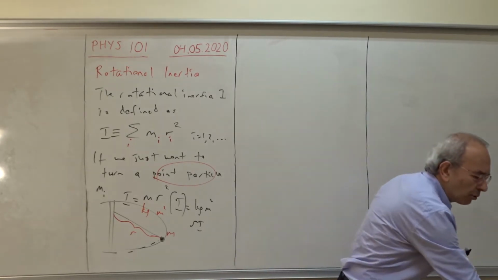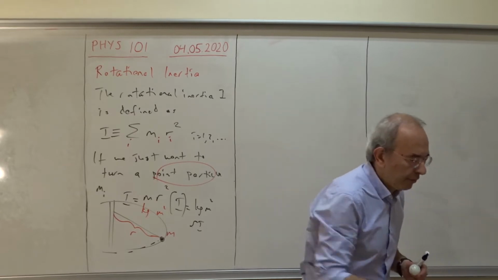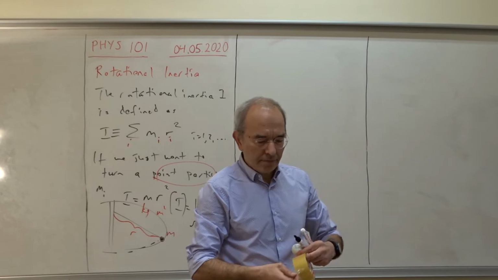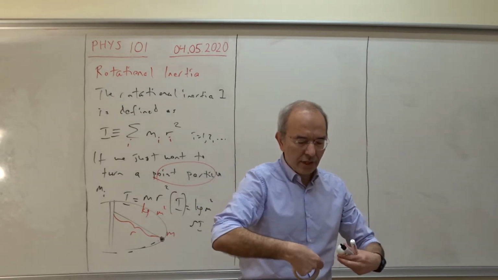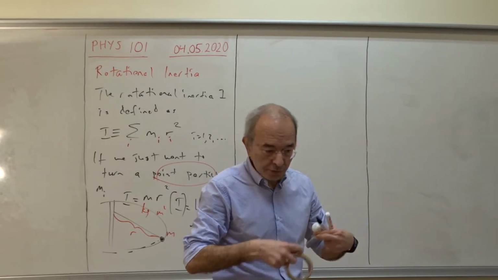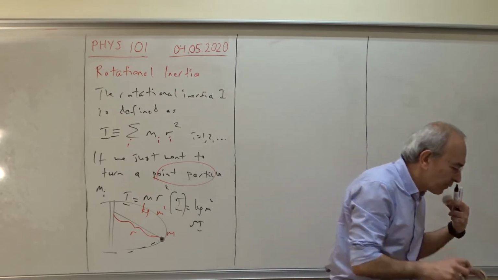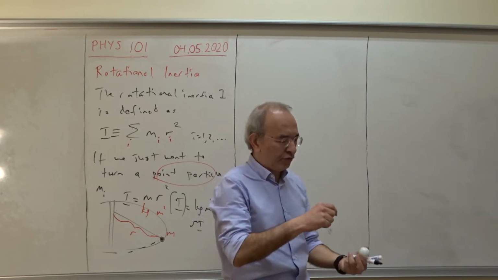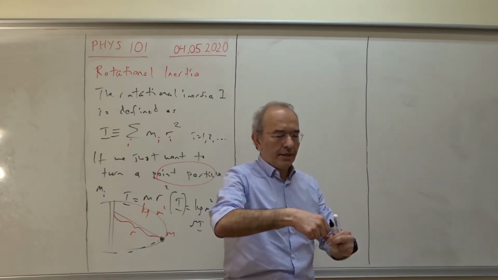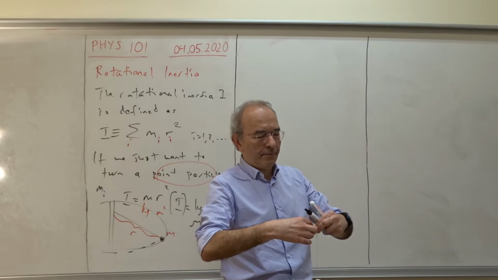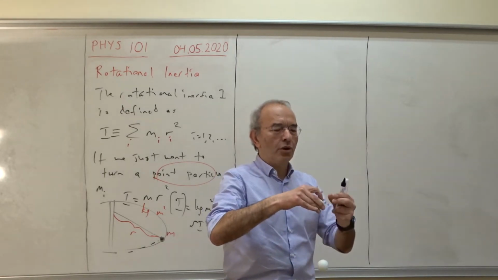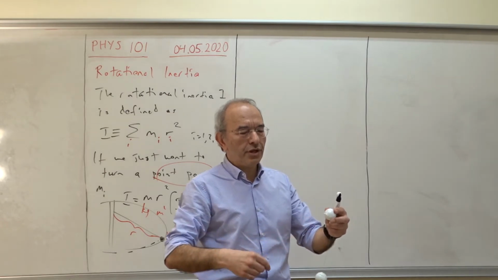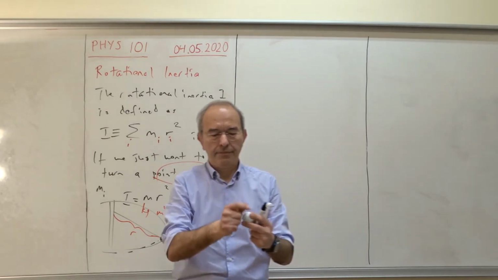If we have one more ball and attach it to another position along the rod, so for instance, if I attach another ball midway, let's say, and try to turn the couple.